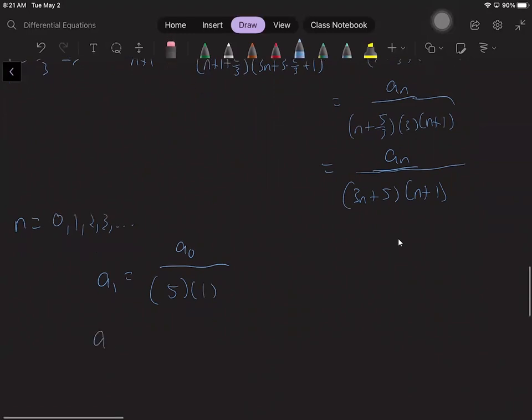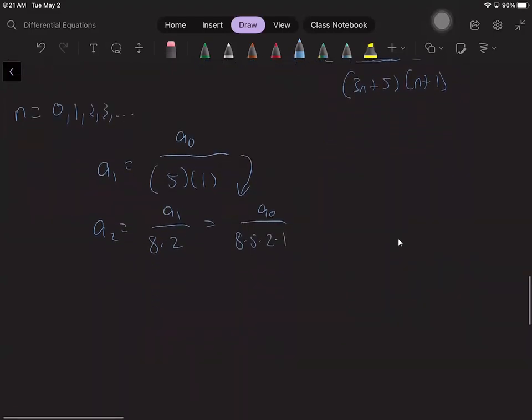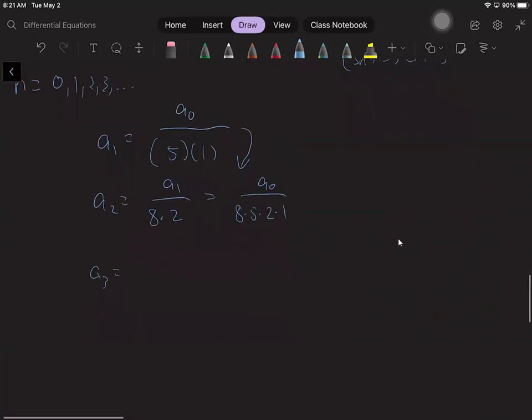Then if I plug in 1 to get a2, it'll be a1 over 3 plus 5, which is 8, times 2. Plugging in a1, I get a0 over 8 times 5 times 2 times 1. We'll start to see the pattern emerge. What we'll notice, which is different than last time, is that every single term is based on a0, not back and forth between a0 and a1. They're always going to be based on a0.